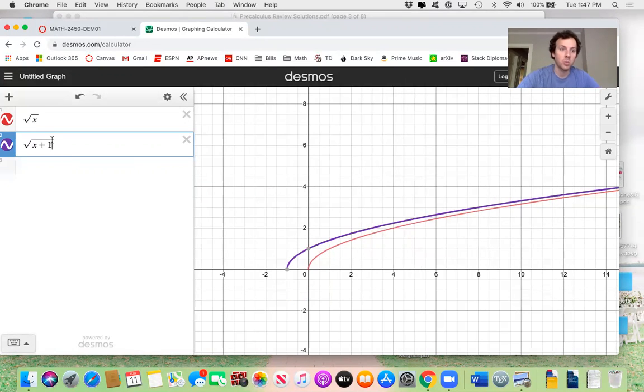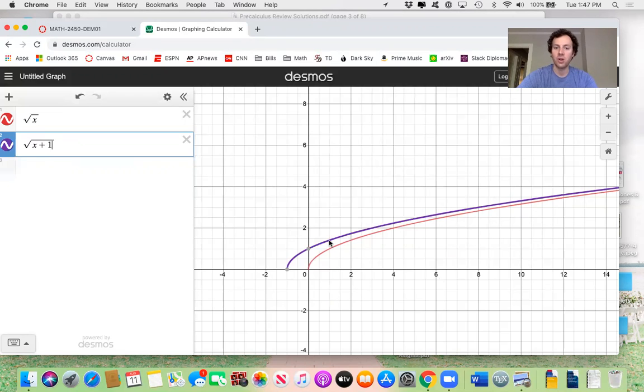But here x plus 1 shifts it over by 1. And so here we can actually see that answer we arrived at. We only have a graph to the right of -1. Only for things to the right of -1 is there some y value.